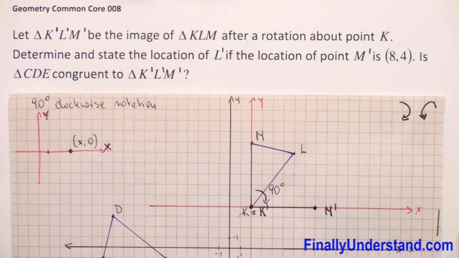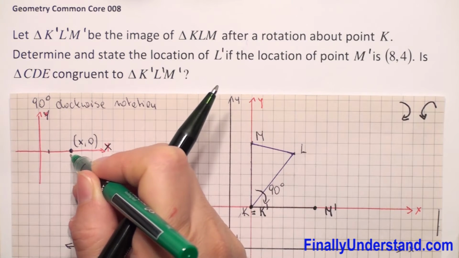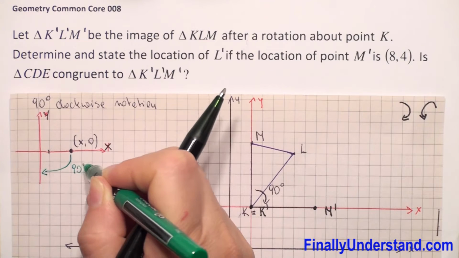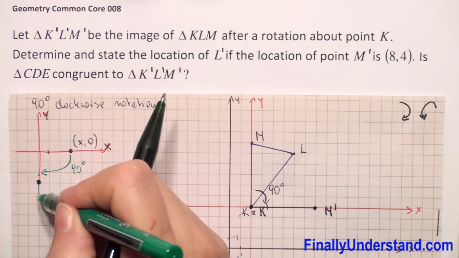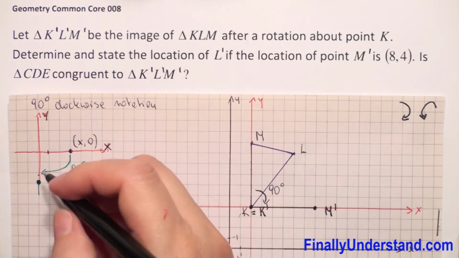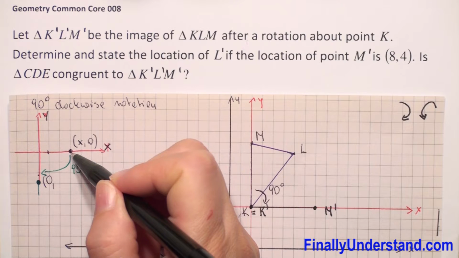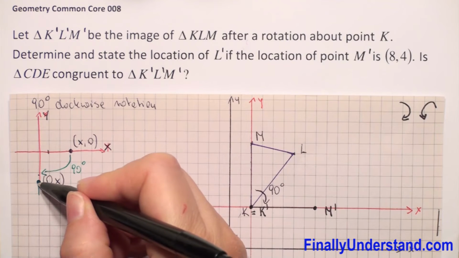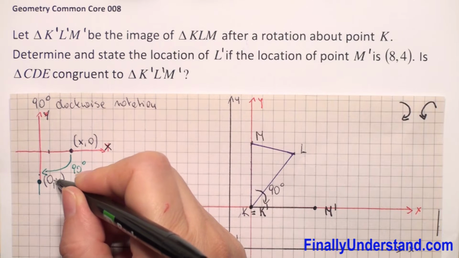So when we have a clockwise rotation, the image of point x, 0 going 90 degrees clockwise will go to the y-axis, and the first coordinate now is 0 and the second coordinate is x, and on the y-axis we are below the origin, so we have the second coordinate negative.